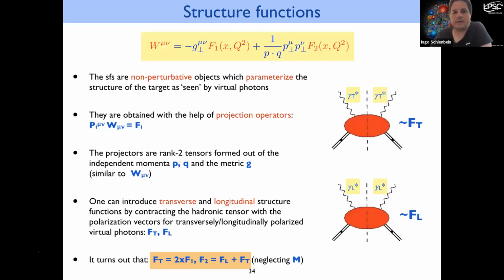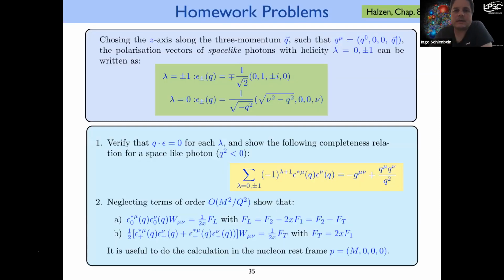So, okay, here, as I said, there's an exercise given in Halzen-Martin where you find expressions for the polarization vectors for transversely or longitudinally polarized photons. Oh, there's a typo, by the way: for lambda equals 0, it should be epsilon 0, not epsilon plus minus. And then when you work this out, write down the completeness relation for space-like virtual photons and do the contractions with these polarization vectors, you find that you get FL, which will be F2 minus F transverse.